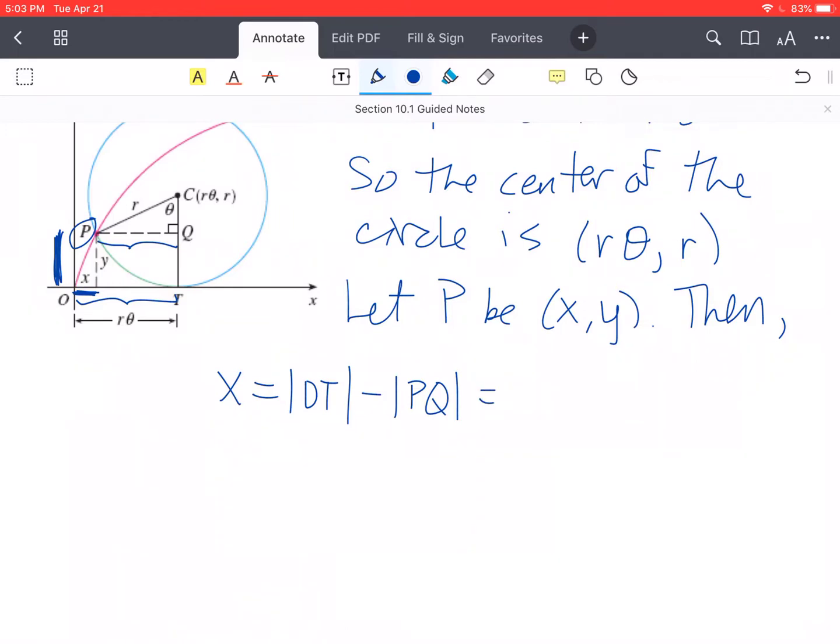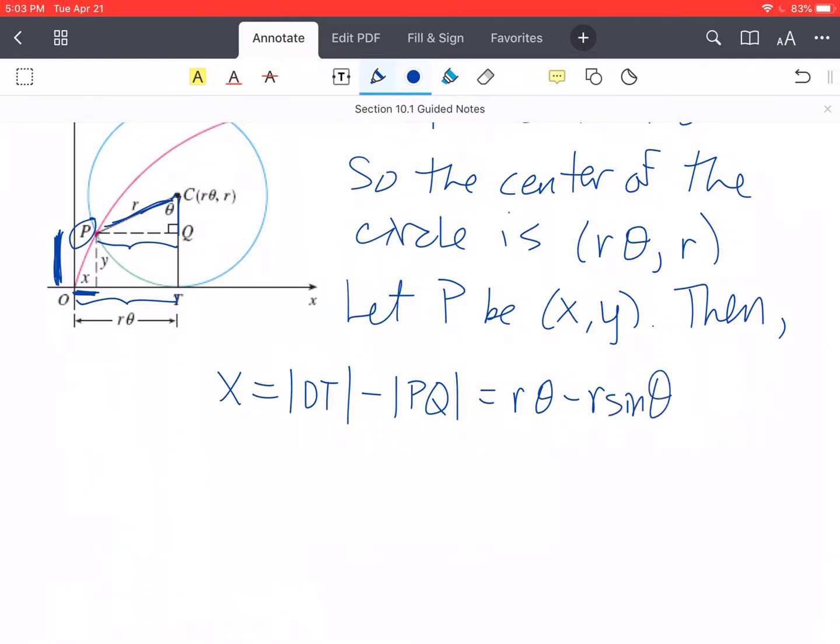So that's going to be r theta minus the length of PQ, which you can determine using trigonometry, because again, you have that angle theta here. So that would be theta, opposite, and we already know the hypotenuse side is r. So opposite over hypotenuse, that would be sine. So sine of theta equals PQ over r. So PQ is r sine theta. Okay, so a little bit of trig there.